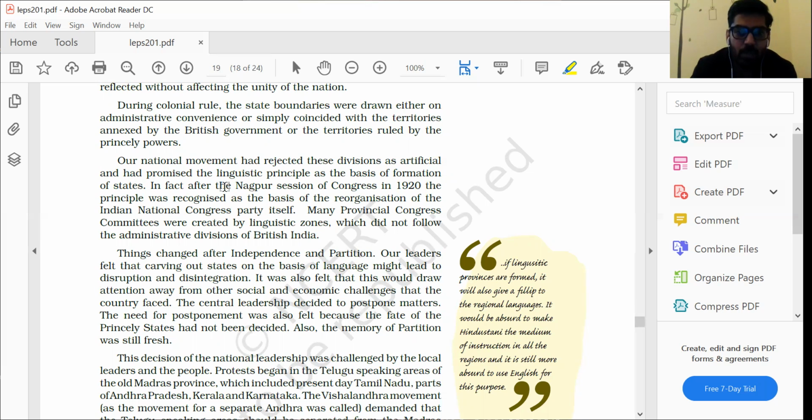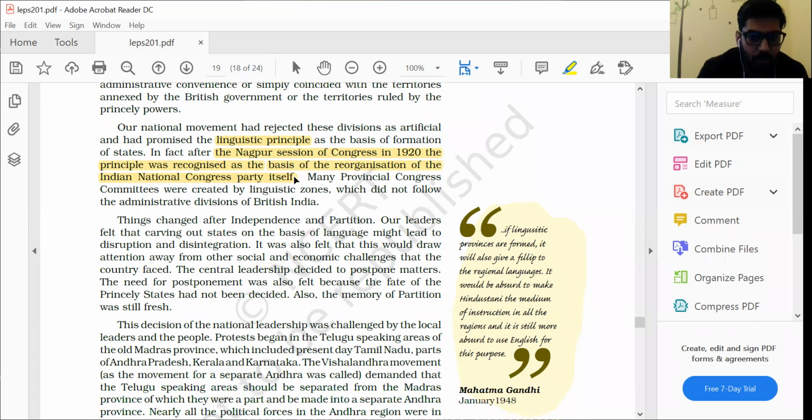So after the Nagpur session of Congress in 1920, even before independence, it was recognized by the Indian National Congress Party itself that the basis of reorganization should be the linguistic principle, which means on the basis of language. States would be made on the basis of language, and that's why Andhra Pradesh was separated from Tamil Nadu. The Telugu speaking areas from Tamil Nadu became Andhra Pradesh. Okay, so that is written somewhere in the book also.